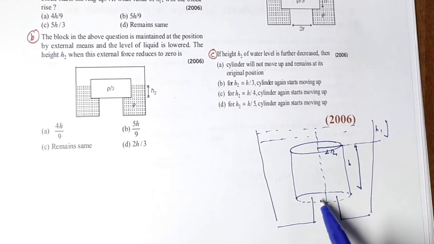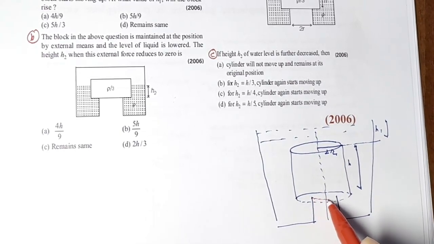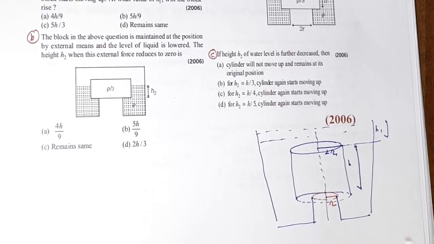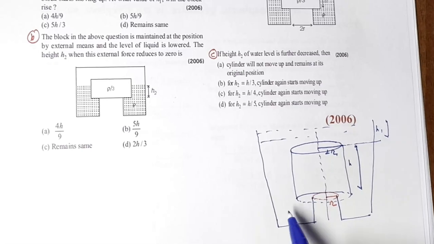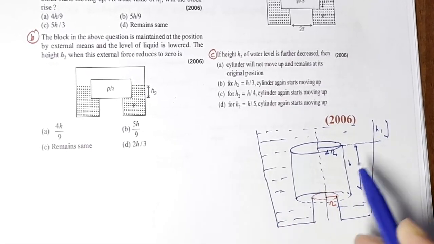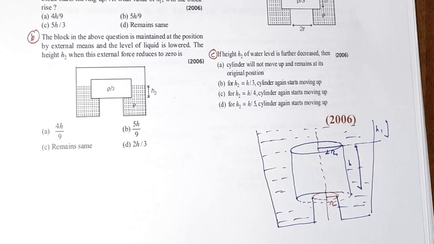The diameter of the hole is given as 2r, so the radius of this hole will be r, and this entire tank is filled with a liquid. So this is a basic diagram for the given question.